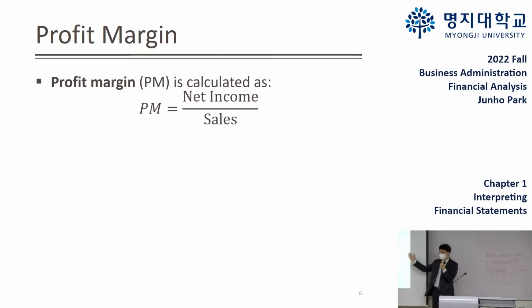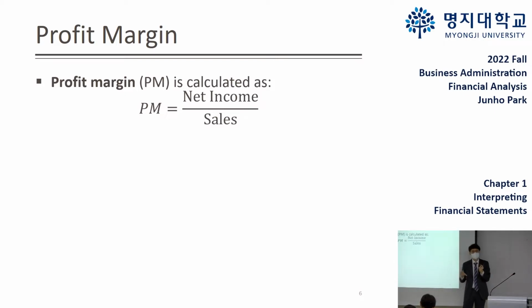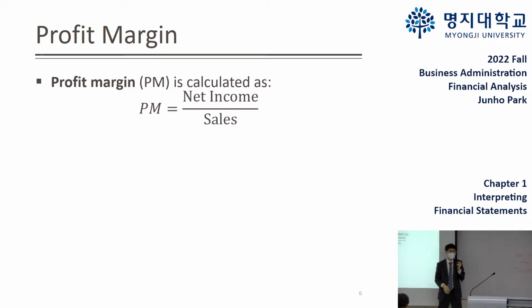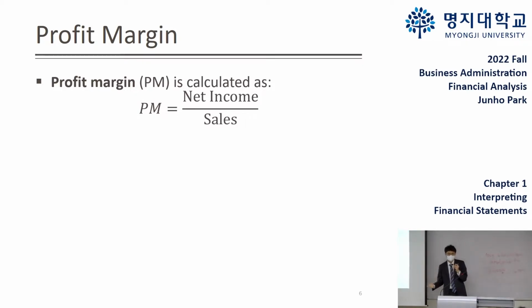And what is it summarizing? It is summarizing these expenses. So you start from the sales, and then you remove expenses, and then eventually you get net income as the result. So it shows you whether or not you have a lot of costs or expenses.